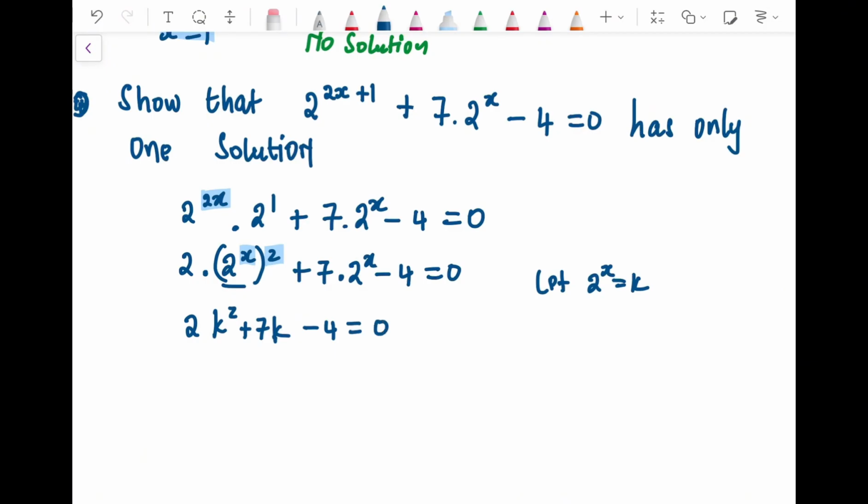This is equal to 0. And then from here I can factorize. So remember, we said if you are not comfortable with factorization, you can always use quadratic formula. So you will realize that if you use quadratic formula, you will get k is equal to 1 over 2, or k is equal to negative 4.